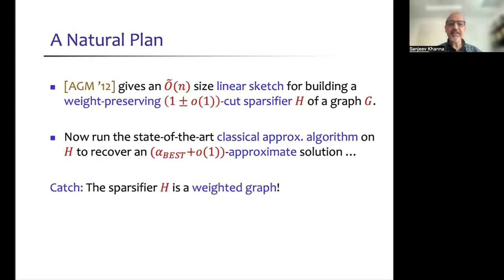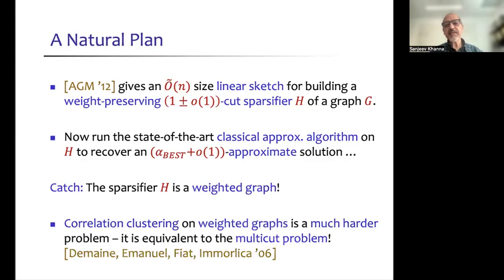Unfortunately, there is a catch, and it's a rather big one. The sparsifier H is a weighted graph, and correlation clustering on weighted graphs is a much harder problem to solve than the standard correlation clustering, which is defined on unweighted graphs. It is, in fact, equivalent to the multi-cut problem, for which no constant factor approximation algorithms are known.